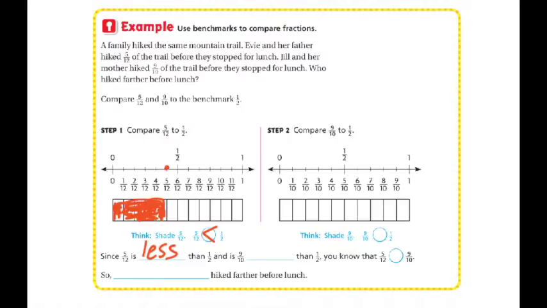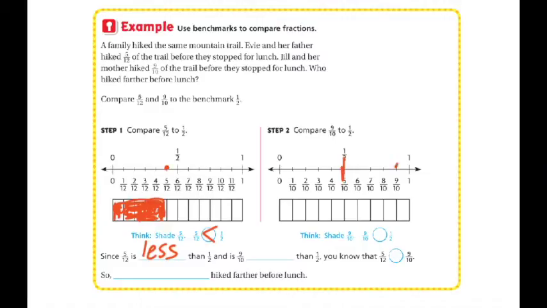Now I'm going to think about 9/10. 9/10 and 5/12 have different denominators, but I'm going to now compare 9/10 to 1/2. If I look at tenths, half of 10 is 5. 10 divided by 2 is 5. So 5/10 is equal to 1/2. But I have 9/10, so I have more than that.